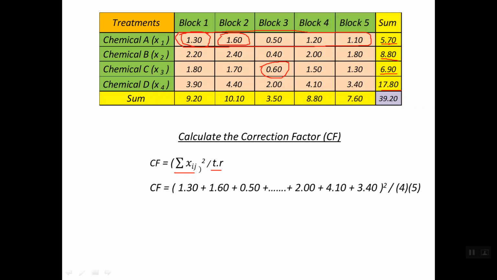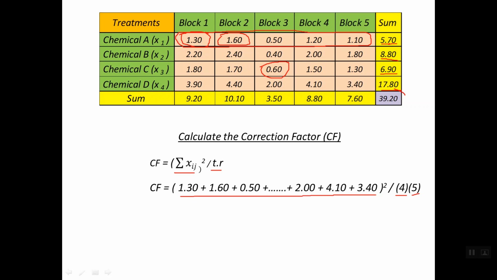So now we can calculate the correction factor by taking all the observations. We have 20 observations. We then square it, divided by the number of observations or number of experimental units, which is equal to 20. And 20 simply comes from multiplying the number of treatments, which is 4, by the number of blocks, which is 5.